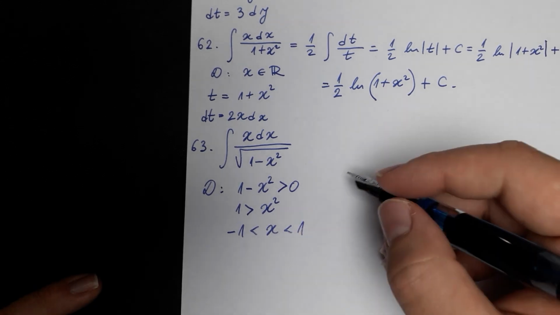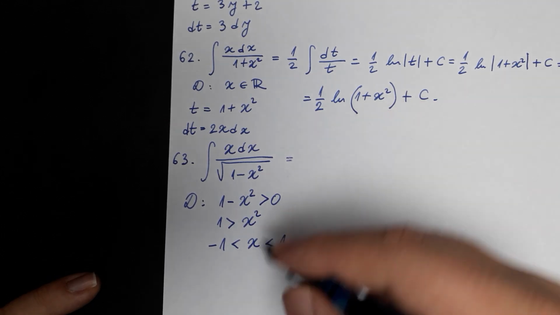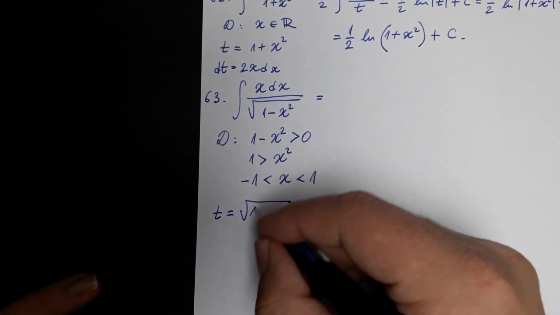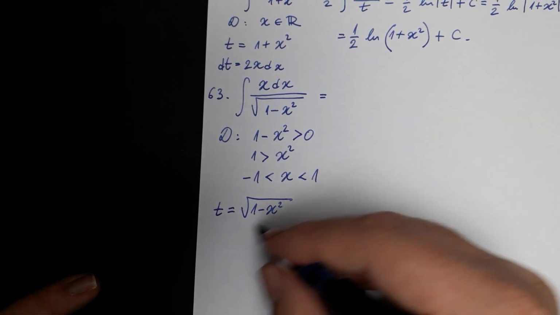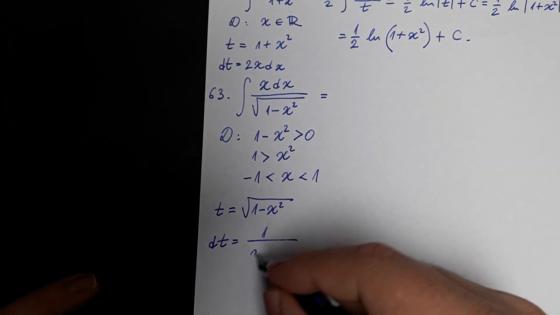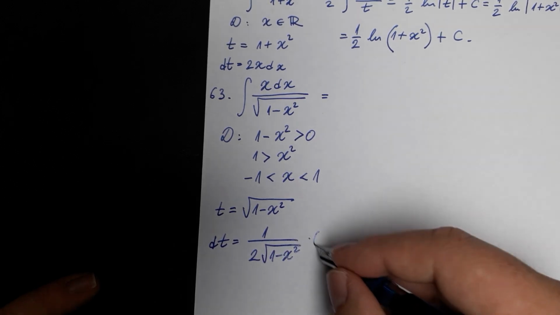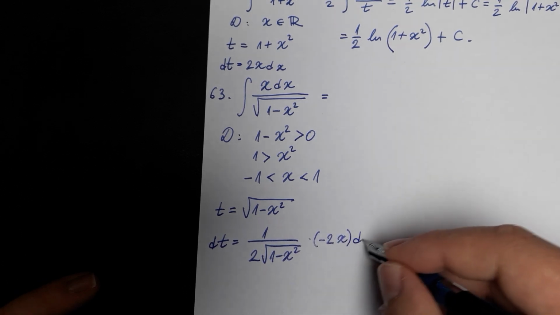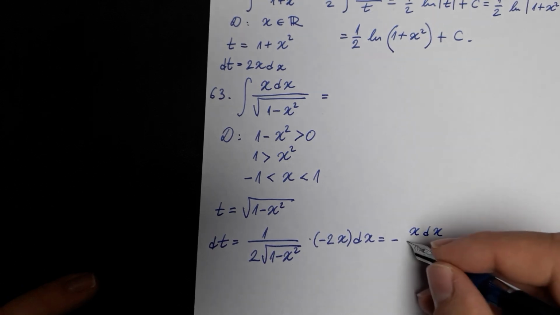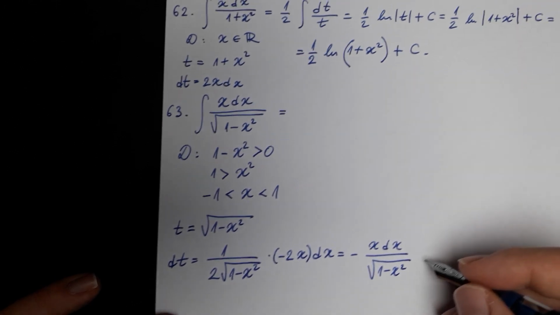It's an open interval. So this integral then gets transformed by introducing the substitution that t is equal to the square root of 1 minus x squared, and then we get that the differential of t is equal to 1 over 2 square roots of 1 minus x squared times negative 2x differential of x, which is equal to negative x dx divided by the square root of 1 minus x squared.